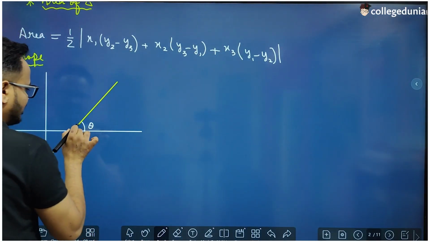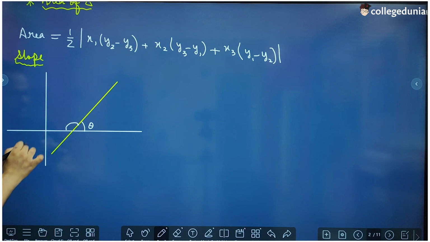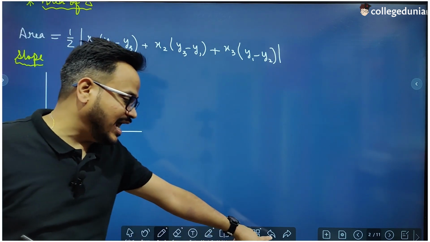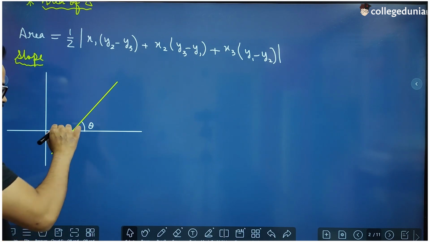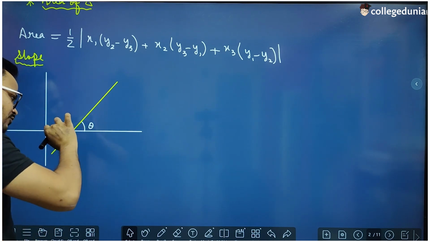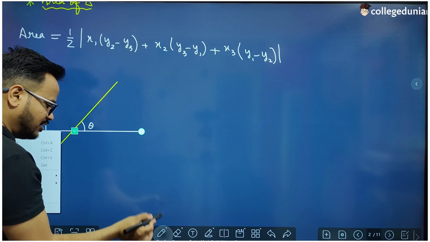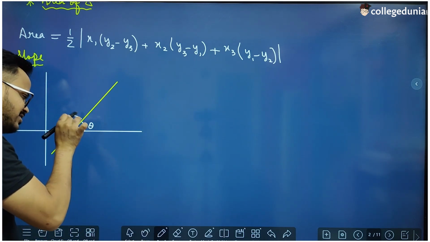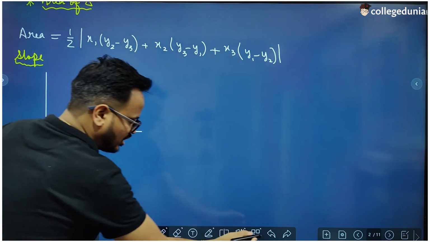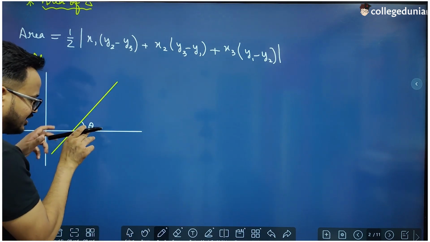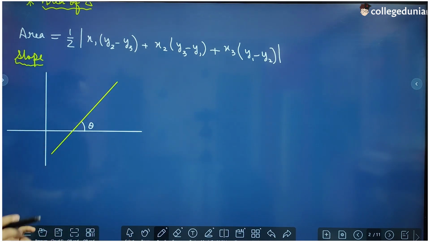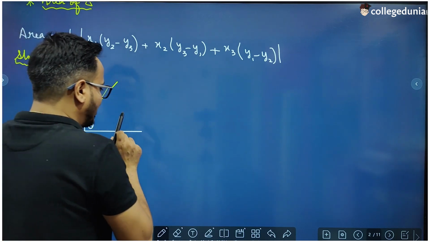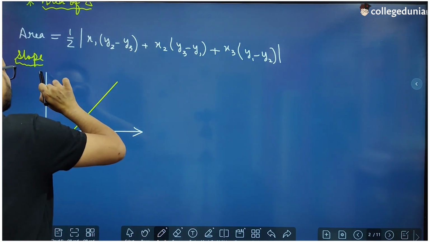You can say that this line is making this angle also with x axis, but we have to take that angle which is measured in the anti-clockwise sense from x axis. If you take this angle, obviously this angle is measured in clockwise sense, so we do not have to take that angle. We have to take this angle which is measured in anti-clockwise sense from the positive direction of x axis, and this angle will give us the slope.